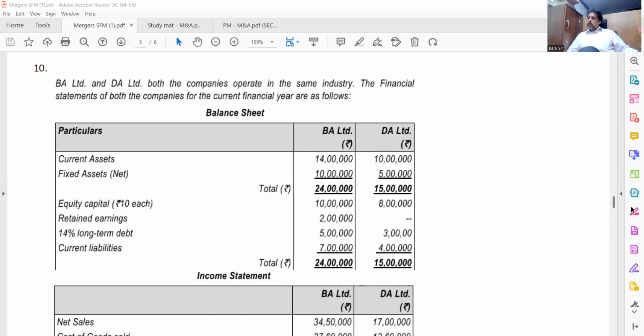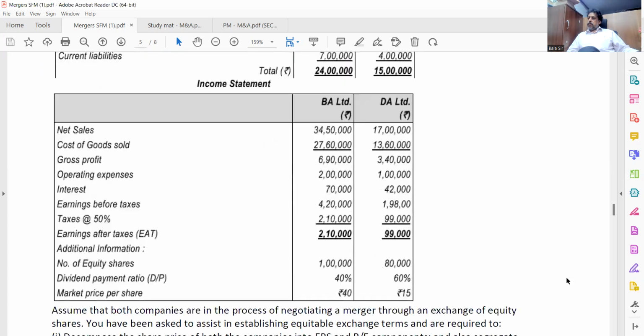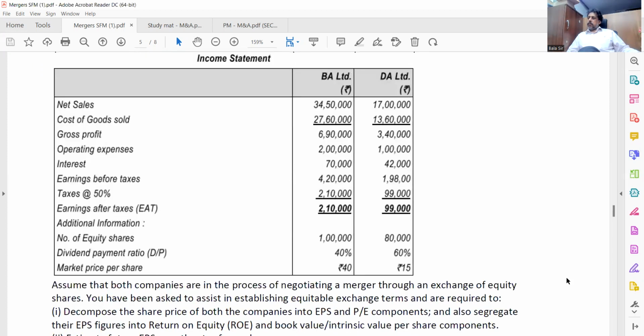Then comes income statement. Net sales 34 lakh and 50,000 for BA Limited and 17 lakh for DA Limited. And cost of goods sold 27 lakh 60,000, 13 lakh 60,000. So GP 6 lakh 90, 3 lakh 40. Operating expenses 2 lakh, 1 lakh. Interest 70,000, 42,000.